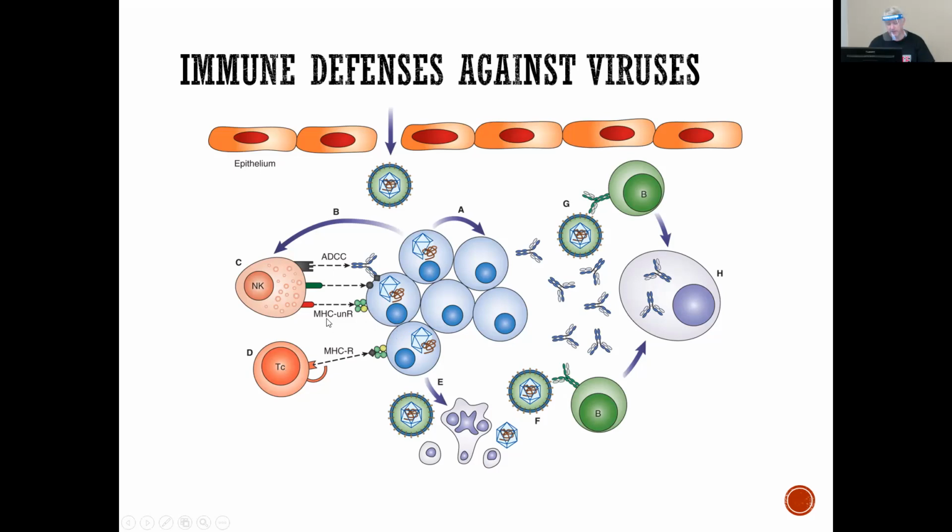Okay, so we have MHC. We got antibody. We have B cells over here. Who's this? That's a big plasma cell, right? Producing free antibodies. This looks like an infected cell dying.